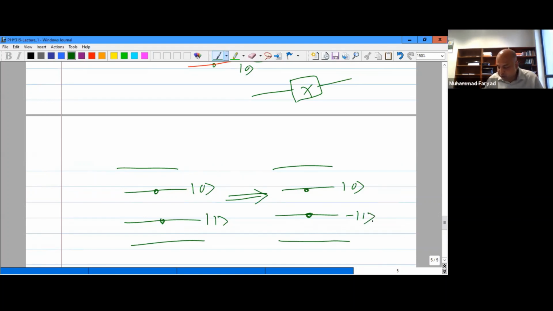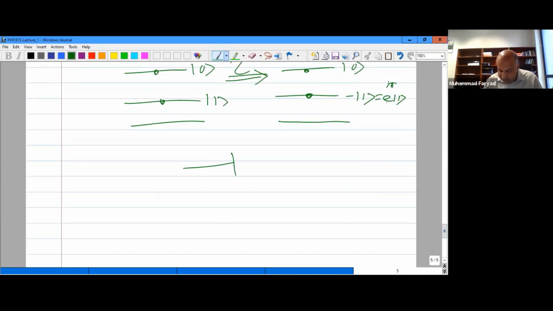So this is essentially equal to giving it a phase of 180 degrees, because e to the power iπ is -1. So this is like a phase flip gate. So this is called a Z gate, and it has a symbol of this Z. And we'll talk about many other gates like this later on. So after a while we'll stop talking about energy levels and so on, but at the back end, that's what is happening.